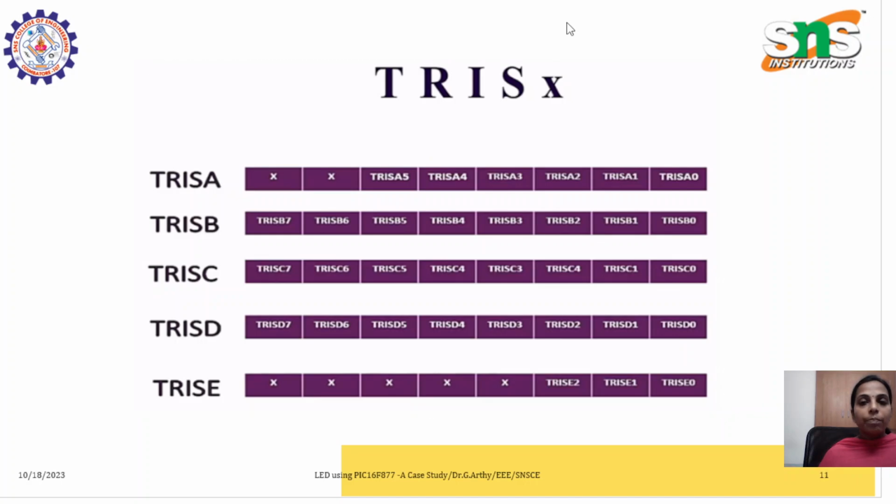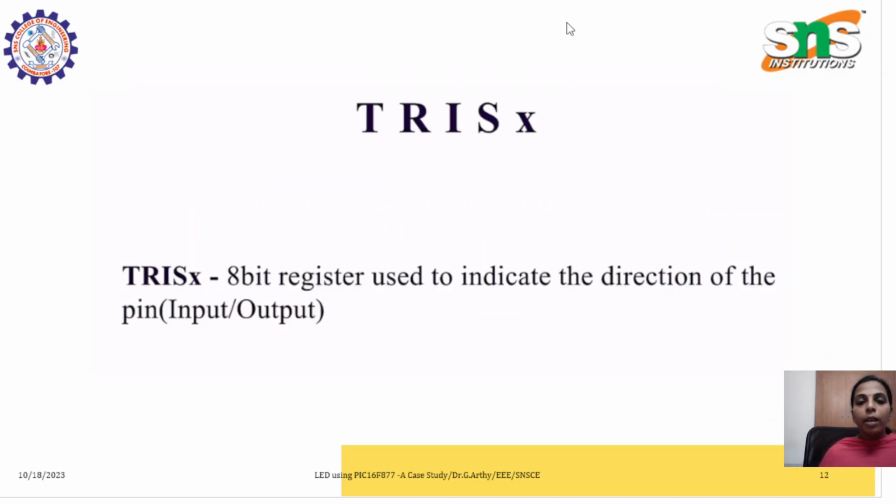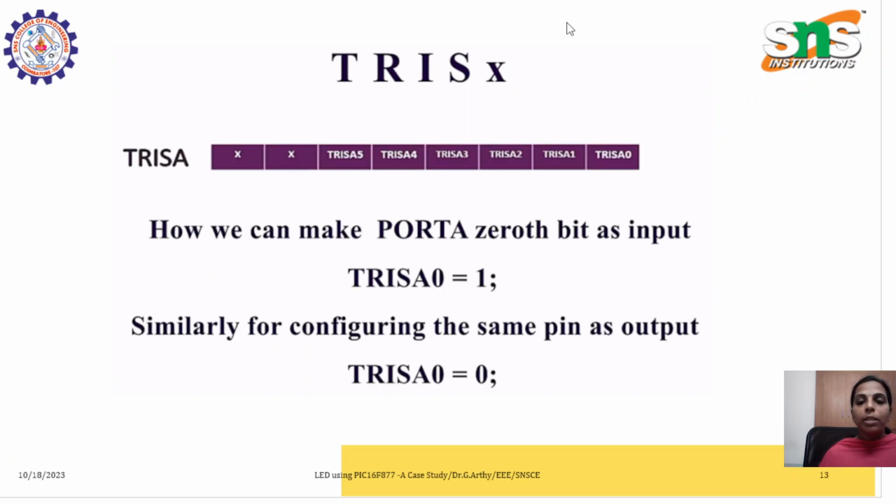In short, TRIS registers are used to set the direction of the ports. Now, the TRIS register is again an 8-bit register, because the PIC microcontroller 16F877 is an 8-bit microcontroller, and so these registers also will be 8-bit.